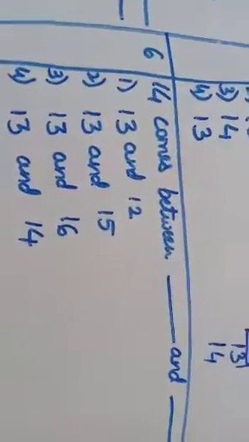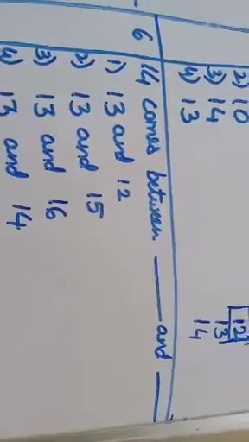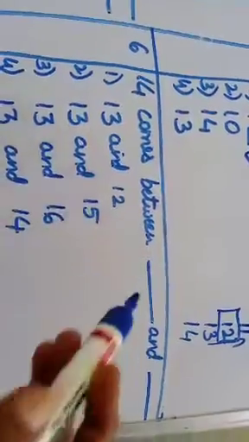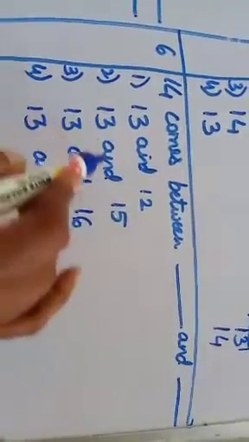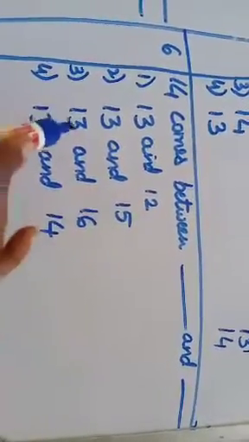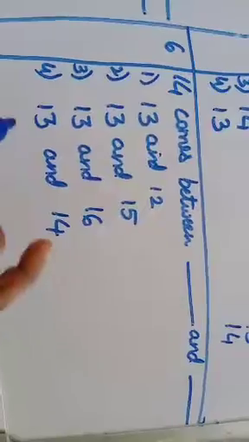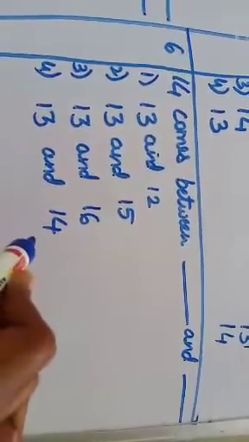And the next is 14 comes between dash and dash. Options are 13 and 12, 13 and 15, 13 and 16, 13 and 14.